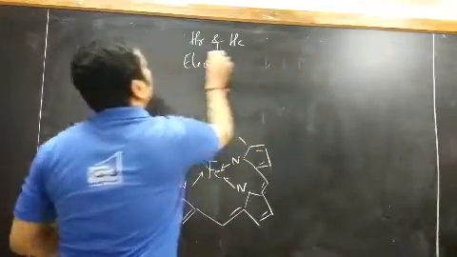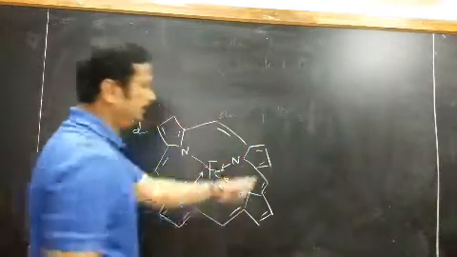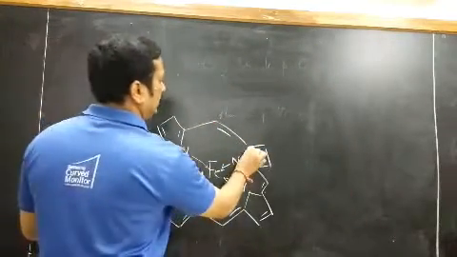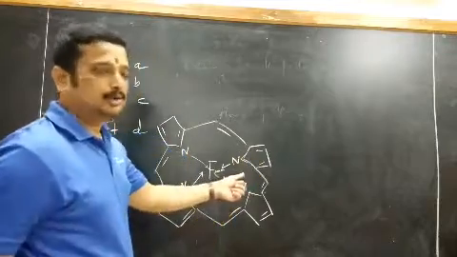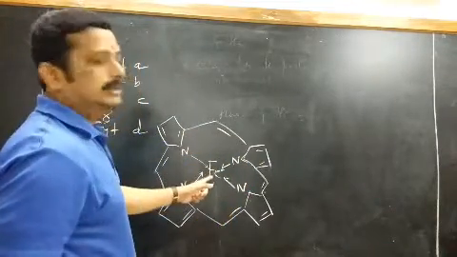So this is a heme group, a porphyrin ring with the pyrrole nitrogens, and this is the iron.